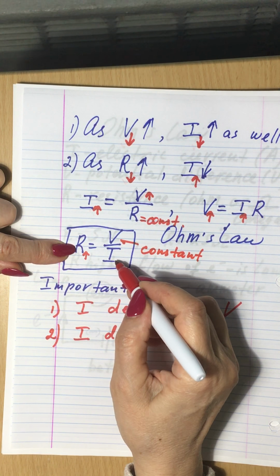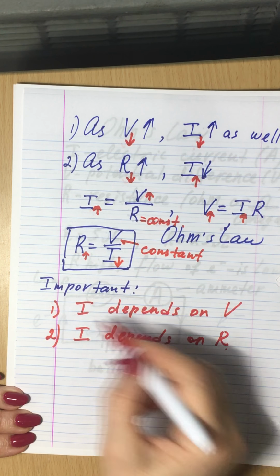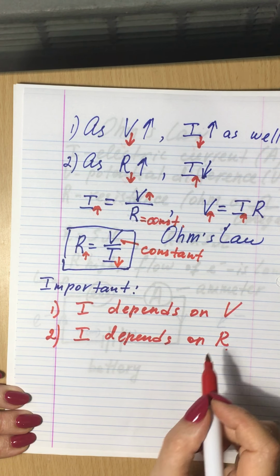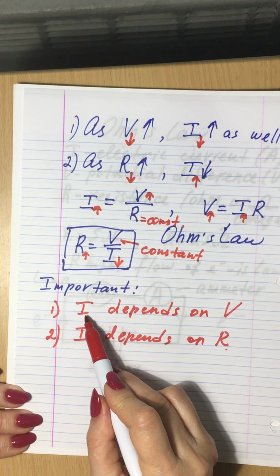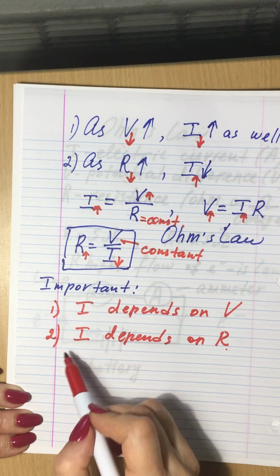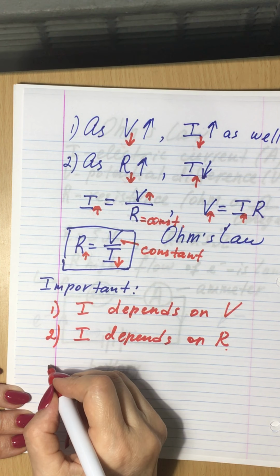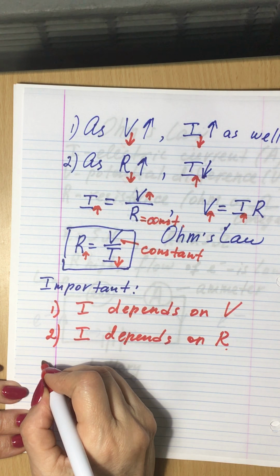If it's an inverse relationship, it will drop. Okay, so it's very important to remember that electrical current depends on V and electrical current depends on R, not all the way around.